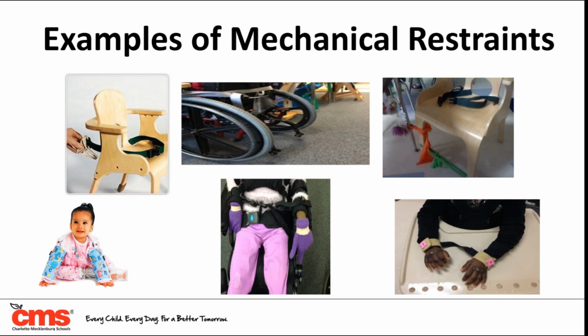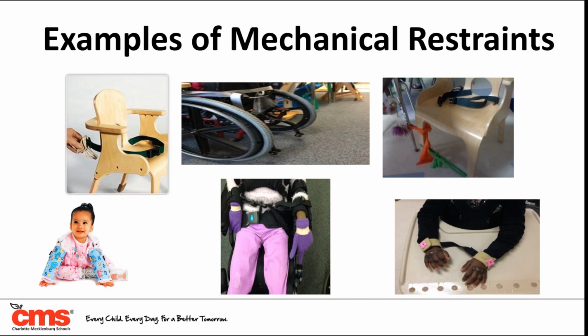Next, here in this picture in the middle with the purple pants, we see a student who has, we call these wrist buddies colloquially. It is definitely a mechanical restraint. And in this particular situation, this student has a mechanical restraint of a wrist buddy around a glove. So this may be a student who is self-injuring with scratching. Maybe they are again, having that oral fixation of overly stemming and biting on hands, sucking on hands, that sort of thing.